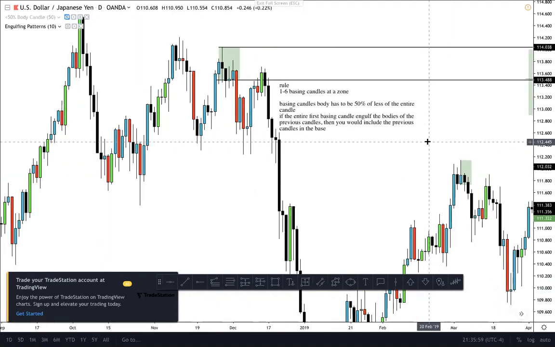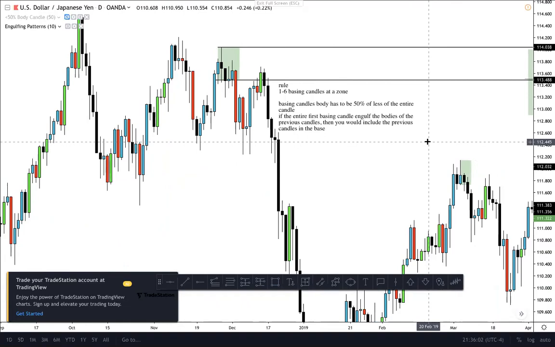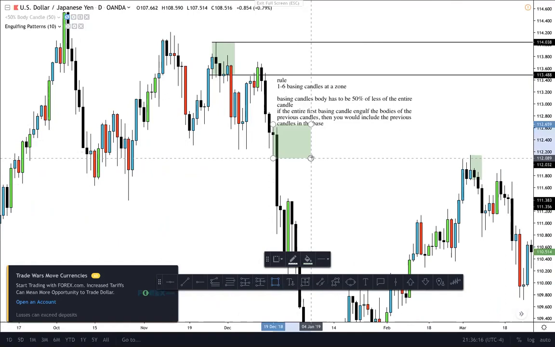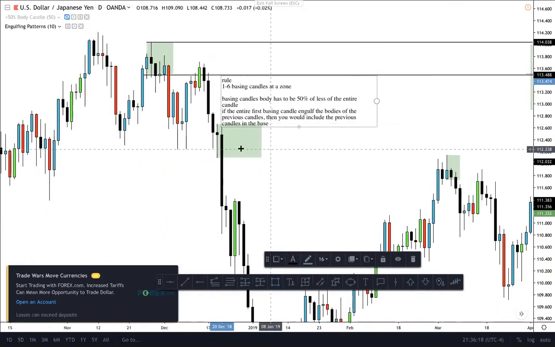Now, according to the rules, a basing candle is a candle where the body is less than 50% of the candle, right? So we have a lot of candles on the chart that are like this. So this would be one, right? Whenever you see a candle like this, just one basing candle by itself, kind of looking like a doji with a tight body and wide wicks, it's a safe bet to just take the entire candle as the base, right?